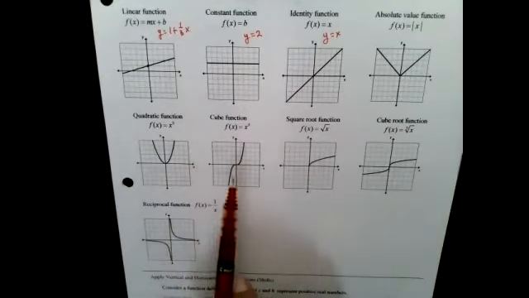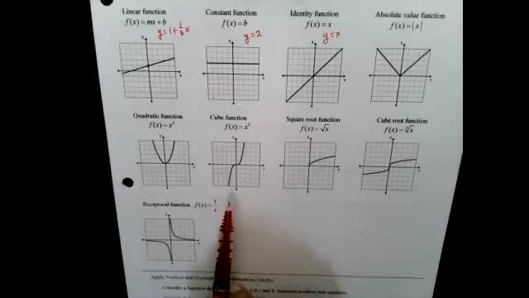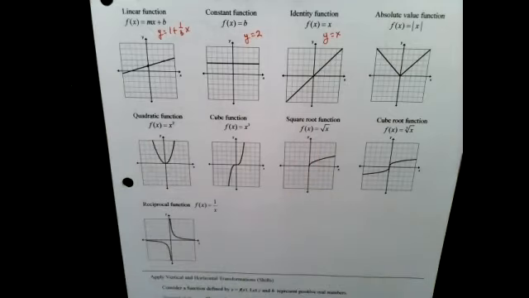Y equals x cubed. So we could have the class stand up and I could say, okay, do y equals x, and you take your arms and you make a shape of this. And y equals x squared, and everybody stands up and makes a u. And y equals the square root of x. You just take one arm and you do a little funky thing and so on. But these are some of the more common ones.